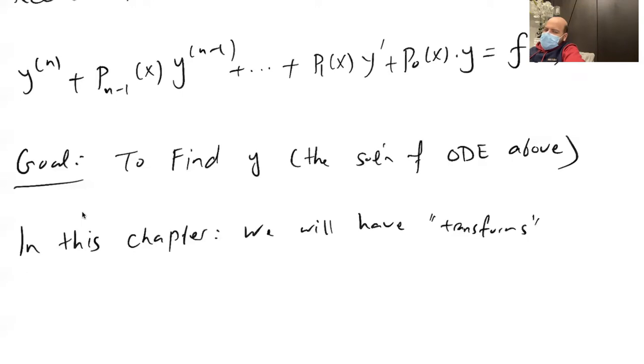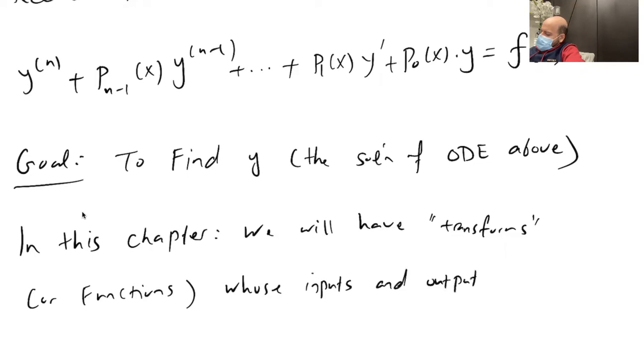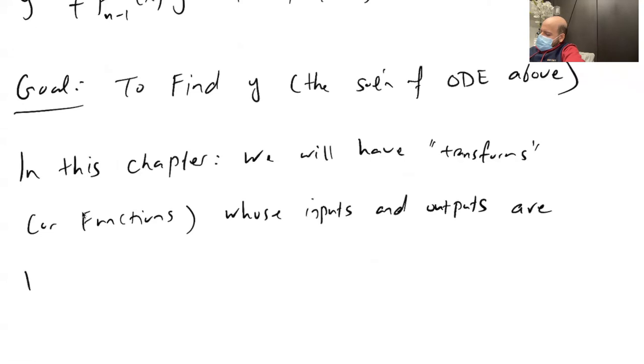Functional means a function whose inputs are functions themselves, or functions whose inputs and outputs are functions. Functions with function input. You have seen examples of such functions or functionals, or sometimes also called operators, before.